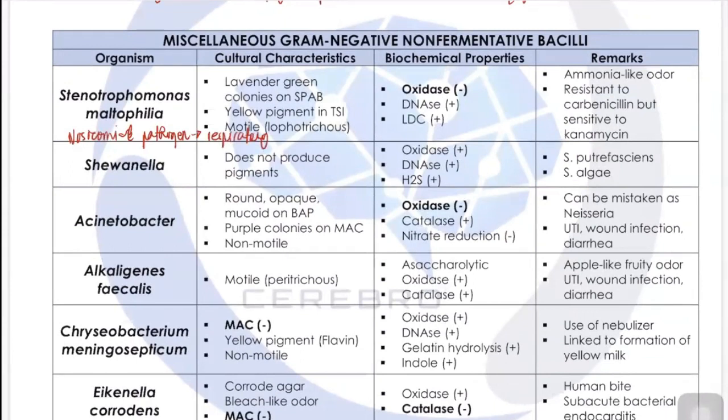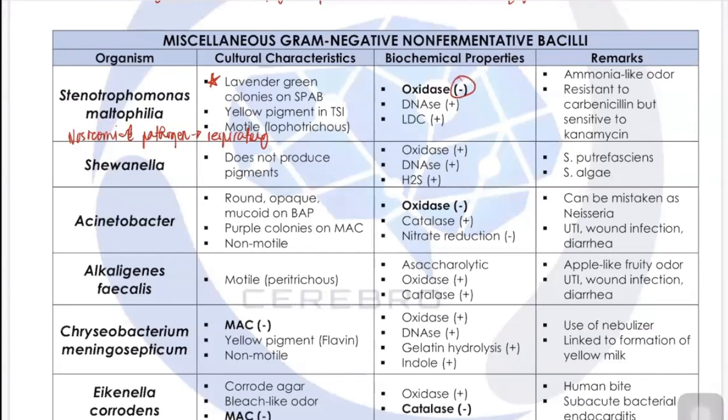Okay, so take note of its lavender green colonies on sheep's blood agar plate. Okay, yellow pigment in TSI, and it is a motile organism with lophotrichous flagella. Okay, hinighlight ko dyan guys yung mga medyo unique, no, na biochemical properties sa kanila. Okay, so it is oxidase negative. Okay, oxidase negative kasi technically yung group na ito, they are expected to be oxidase positive.